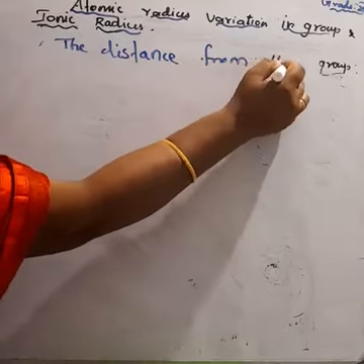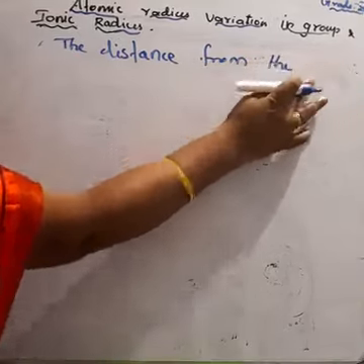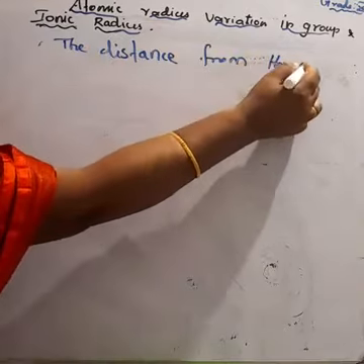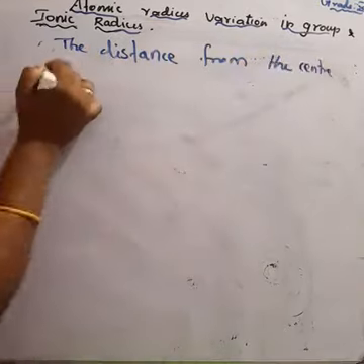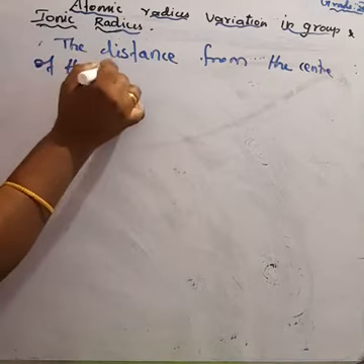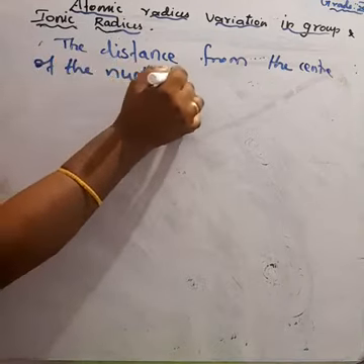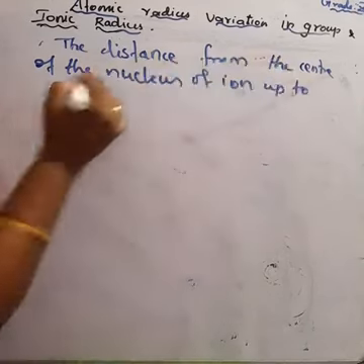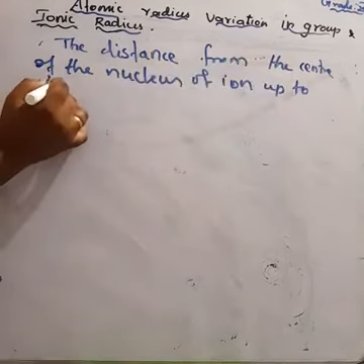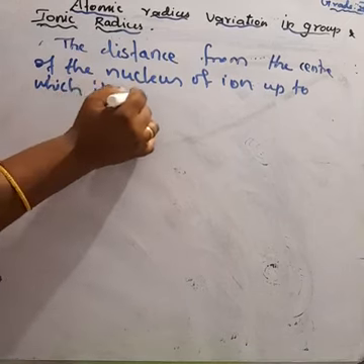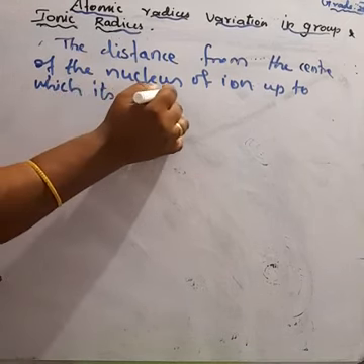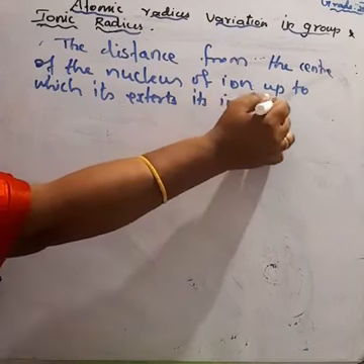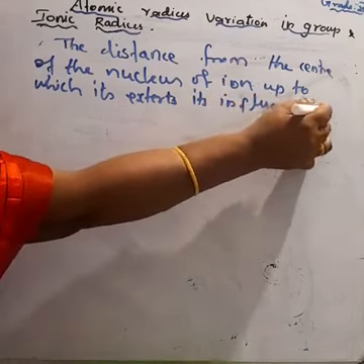It is defined as the distance from the center of the nucleus of the ion up to which it exerts its influence on the electron cloud of the ion.